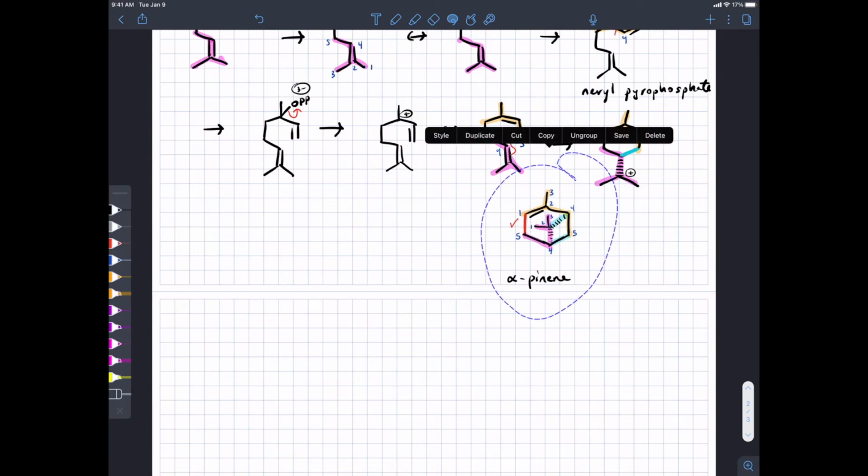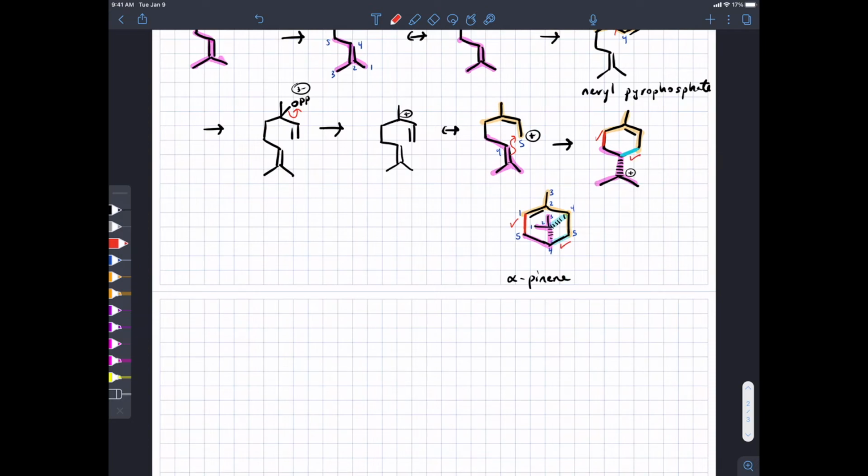Okay, so checking things off again, I've made that bond in the linear precursor, and now I just barely made the bond between orange 5 and pink 4. Now what's the other one? I need to make a bond between pink 2 and orange 4. So let's just remind ourselves where everything is. 4 and 5. 1, 2, 3, 4, and 5.